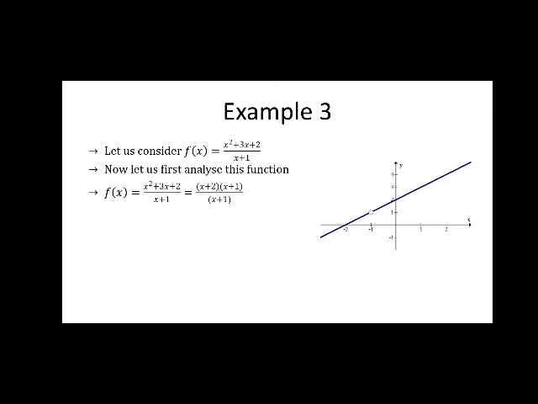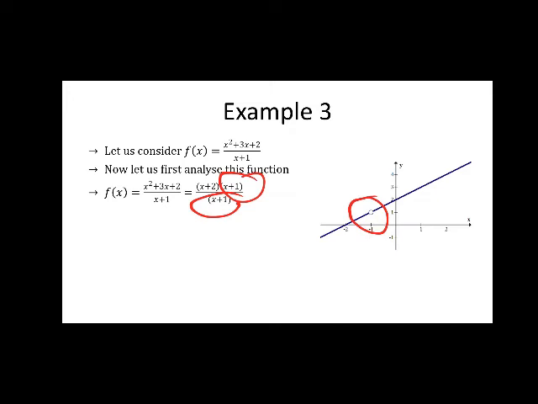You may ask why I am not cancelling out x plus 1 in the numerator and denominator. Obviously, if we cancel out the x plus 1, then that function and this function are not the same function. Because of the x plus 1 in the denominator as well as in the numerator, if I put x equals minus 1, it doesn't give me any value.